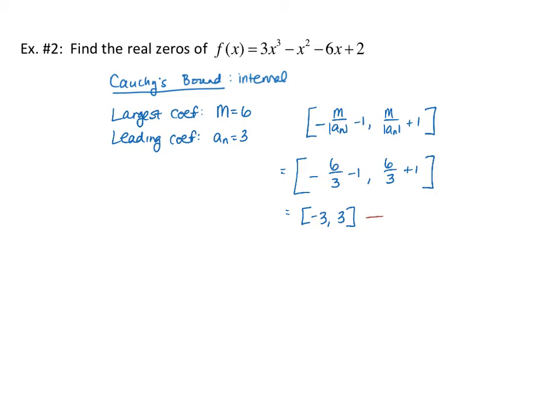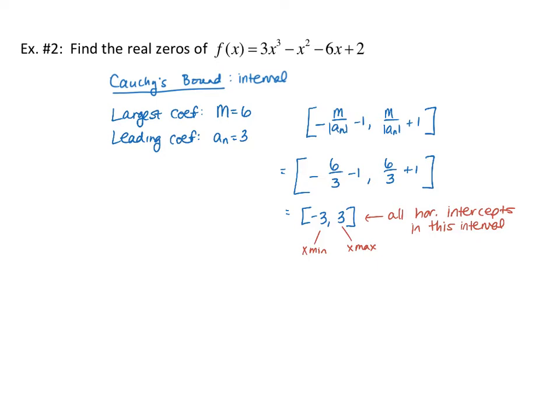What this is telling us is that all of our horizontal intercepts will be in this interval, guaranteed. So when we graph this function on our calculator in a later step, we're going to adjust the window settings to use negative 3 as our x minimum and positive 3 as our x maximum, knowing that we won't be missing any intercepts outside of this.